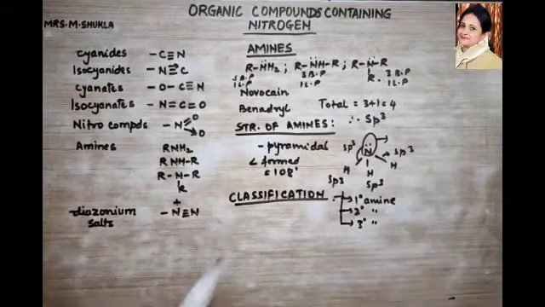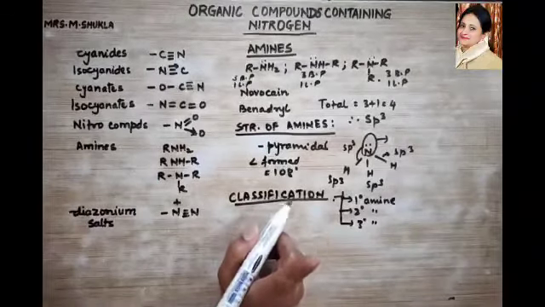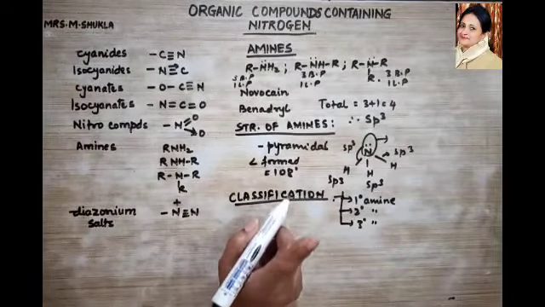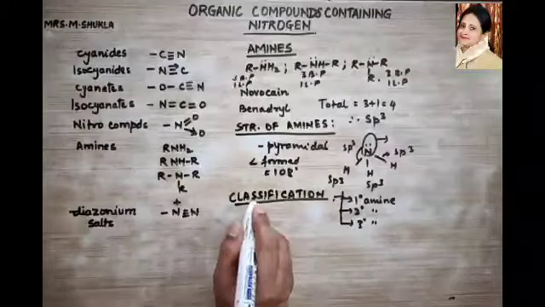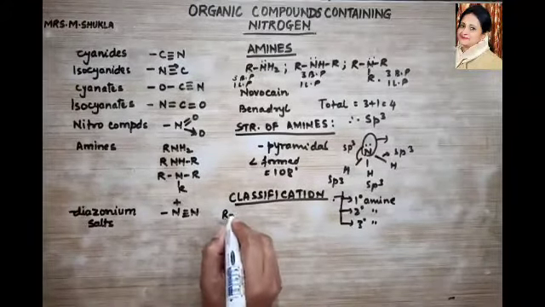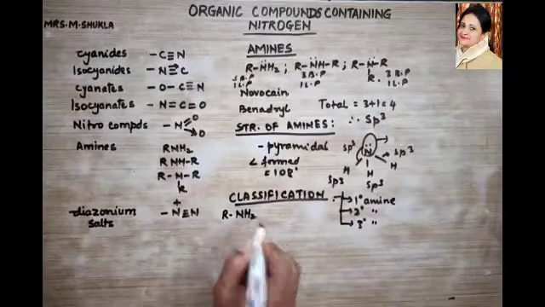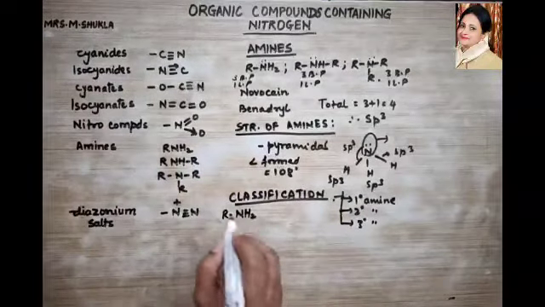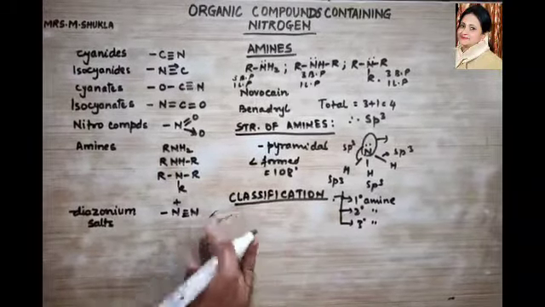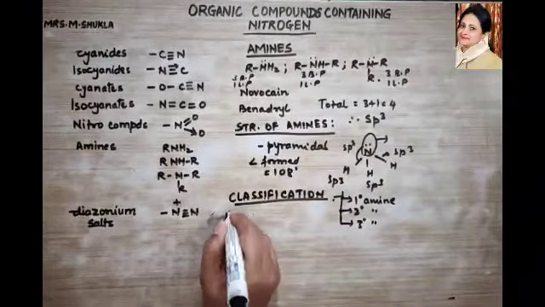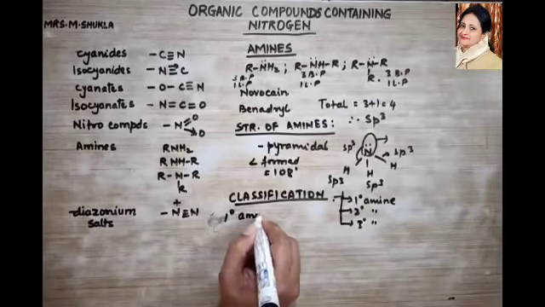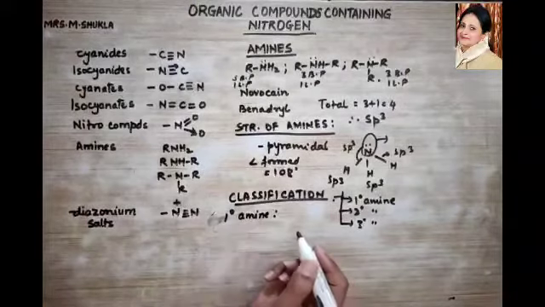When one hydrogen atom is replaced by an alkyl group, it is called an aliphatic amine. Look over here, for example. This is your primary amine I am talking about. Firstly, I am talking about 1 degree amine.